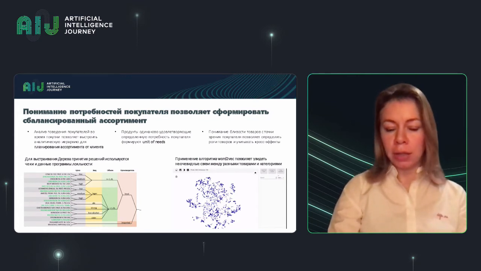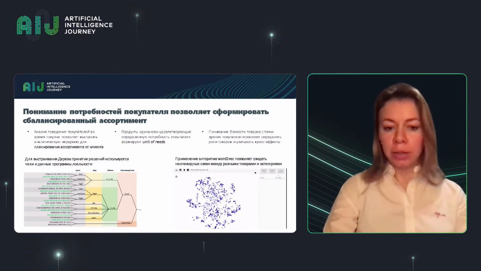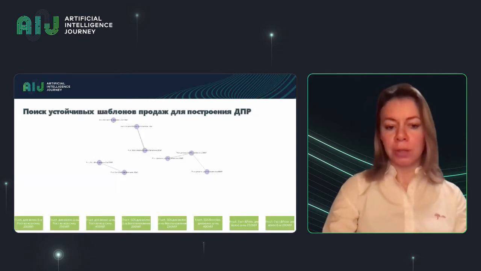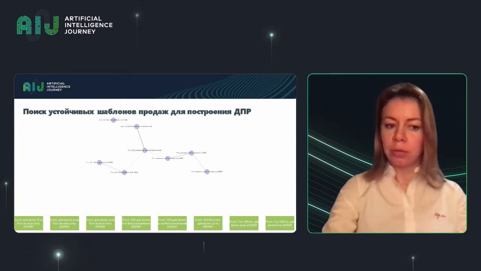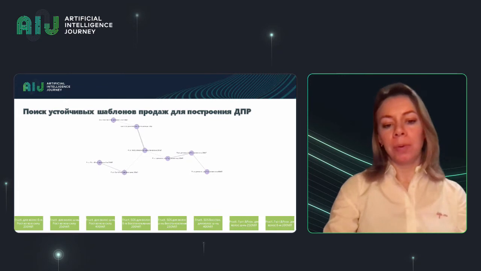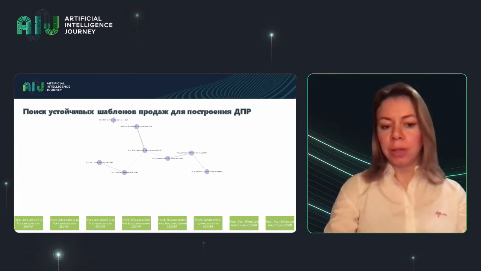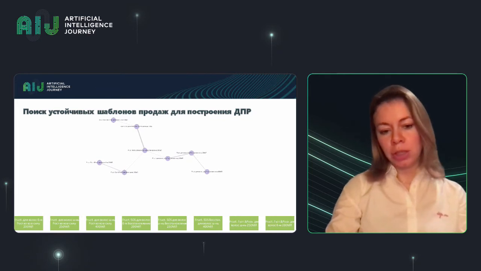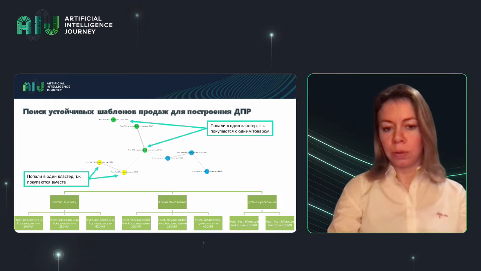For that, we used intellectual data analysis. Using the word-to-vec algorithm, we identified the implicit links between different products. For example, in this slide you can see the relations between different product groups, and now we connect them into the customer decision tree.